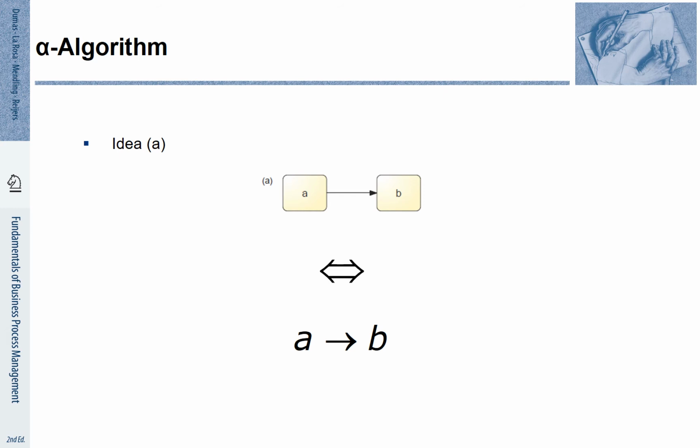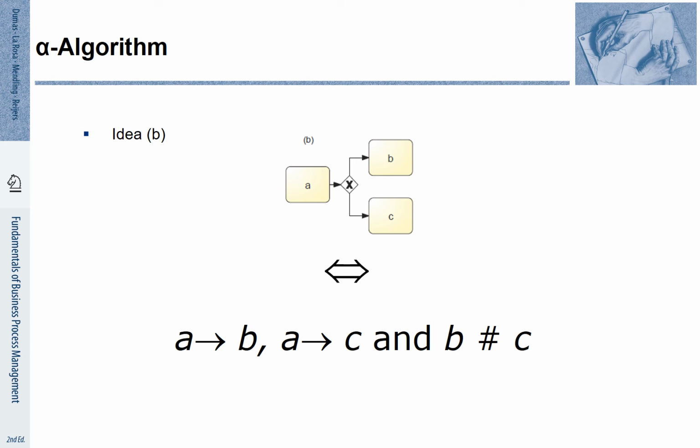The general idea is that when we observe that A causally leads to B, we represent this in a BPMN model with two activities called A and B and an arc pointing from A to B. But what about gateways?